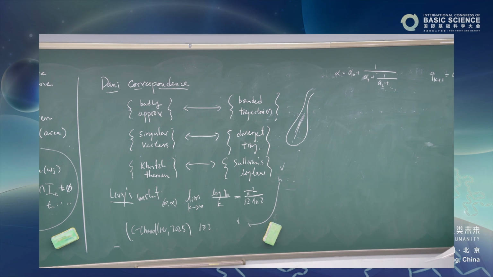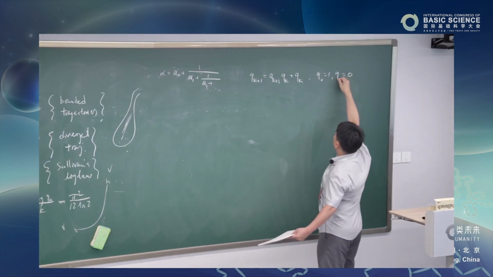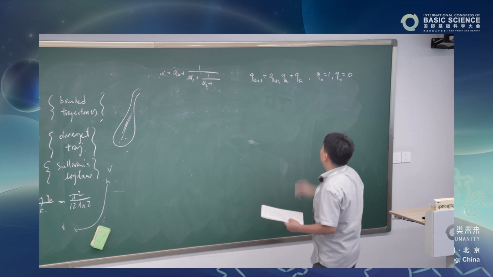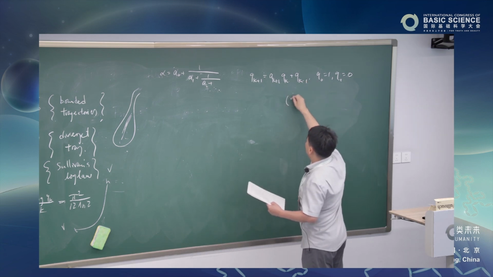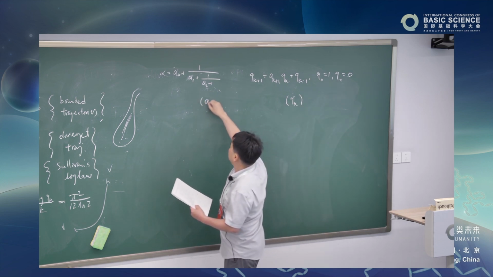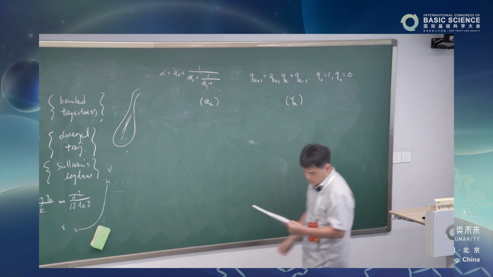If Q0 is 1, Q minus 1 is 0. So we're building the theory on this sequence instead of the sequence of partial quotients.